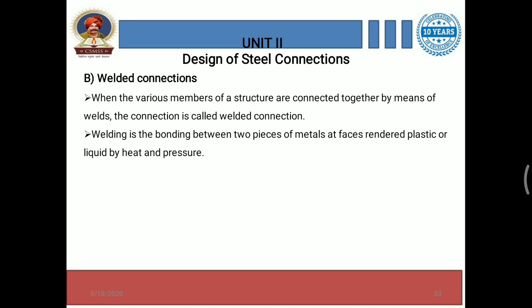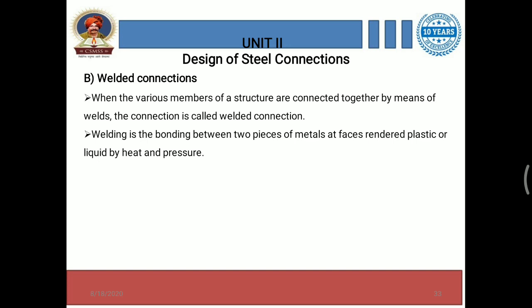When the various members of a structure are connected together by means of welds, the connection is called a welded connection. That means when we have connected two or more members by providing some type of weld, that joint is called a welded connection.